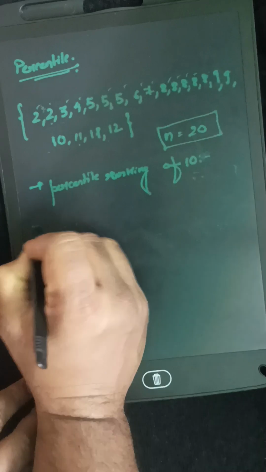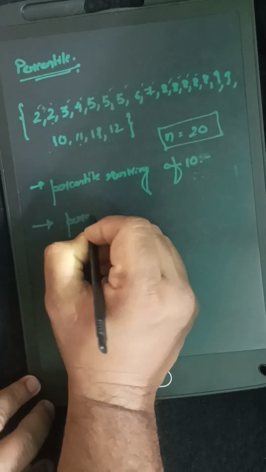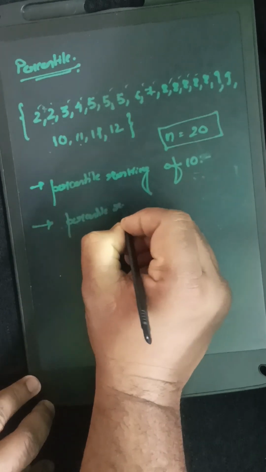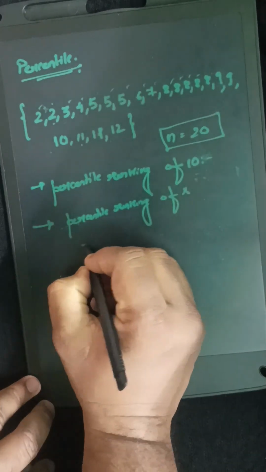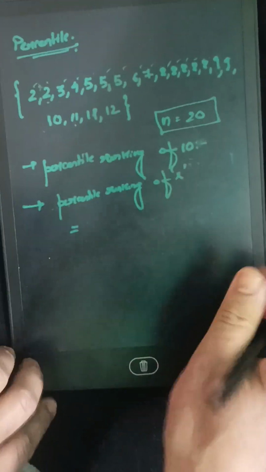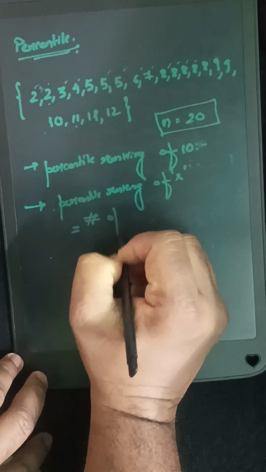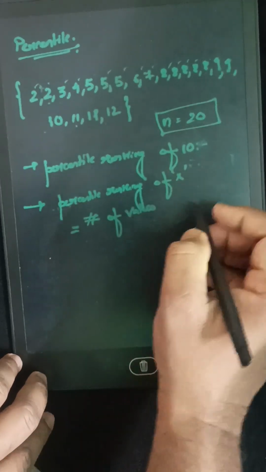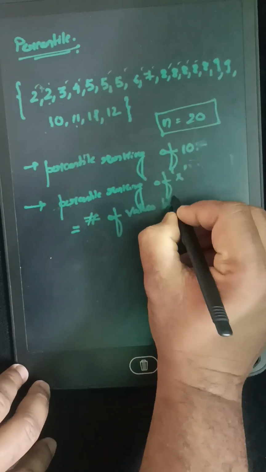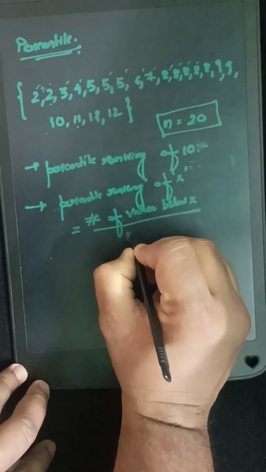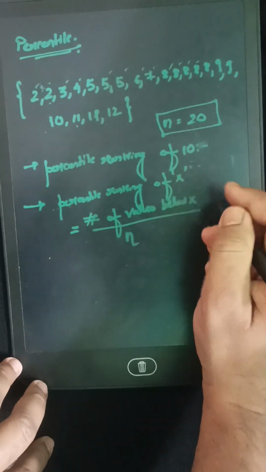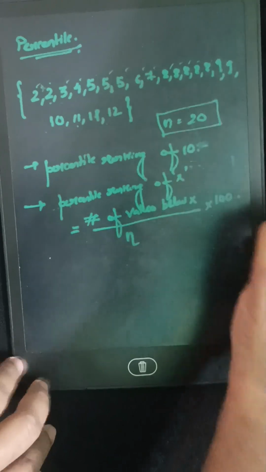So let's write down a formula: percentile ranking of x is equal to the count of values below x, divided by n, that is the total number of samples, times 100.